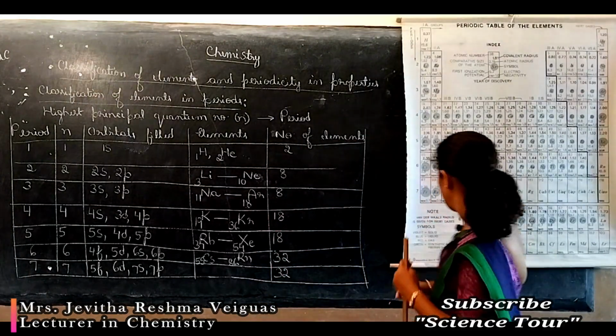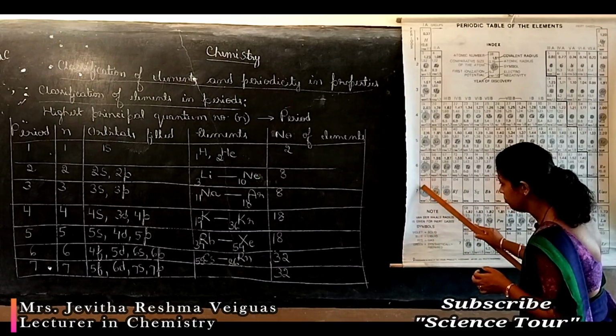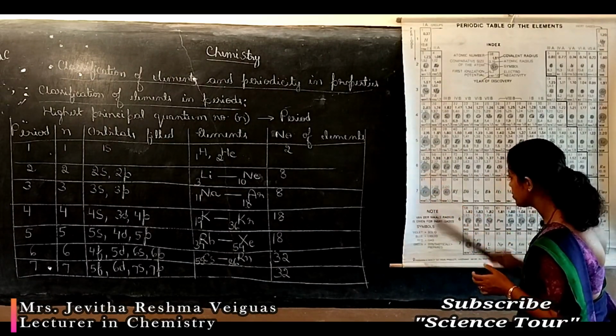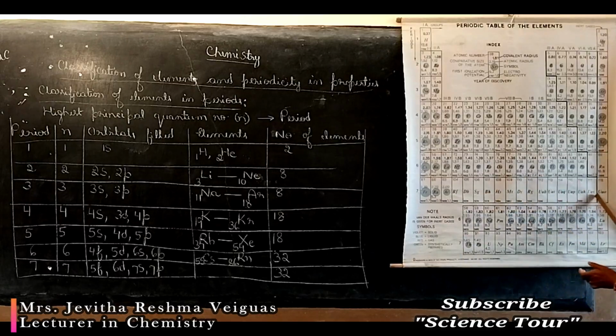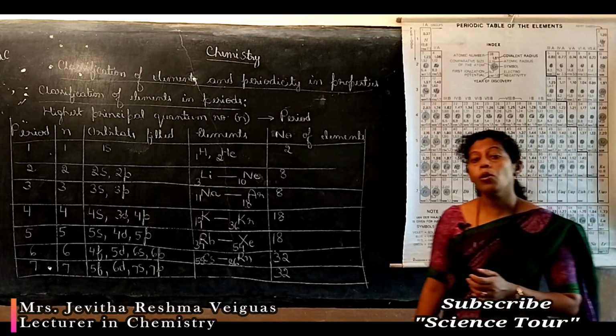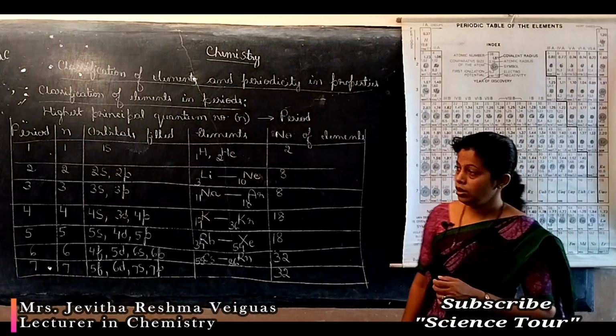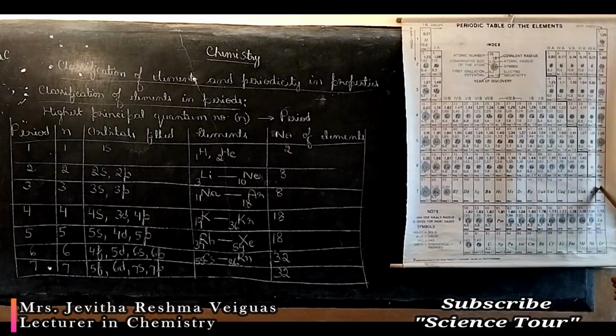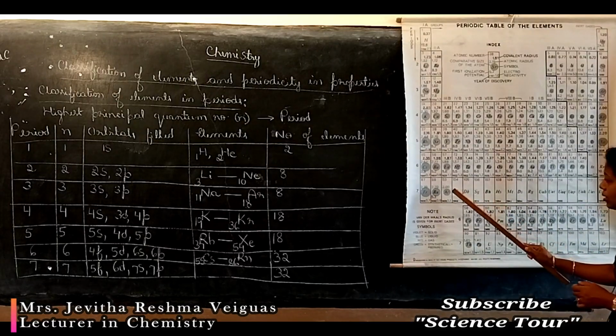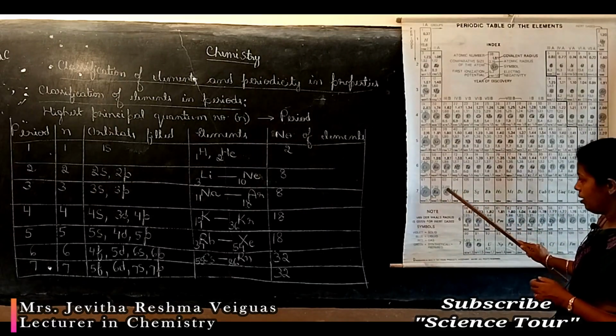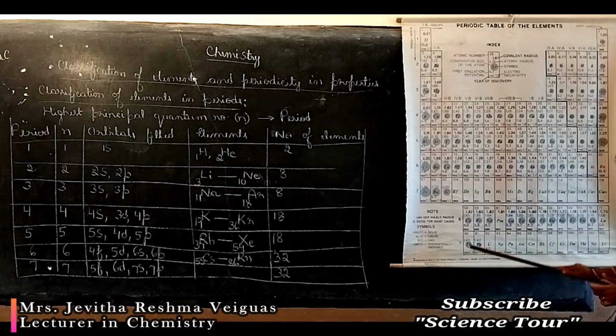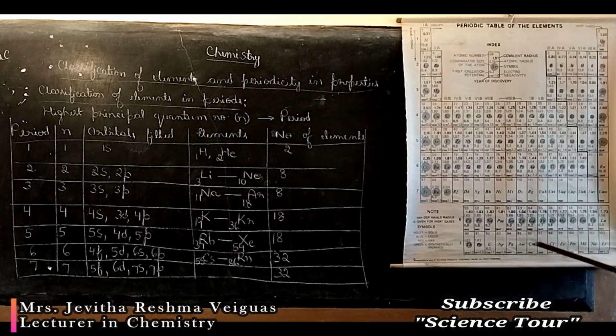Which are they? Starting from francium, atomic number 87, ends with 118, earlier called as ununoctium, now called as oganesson. In this period, the 14 elements which come in between actinium and rutherfordium are kept at the bottom. They are thorium up to lawrencium.